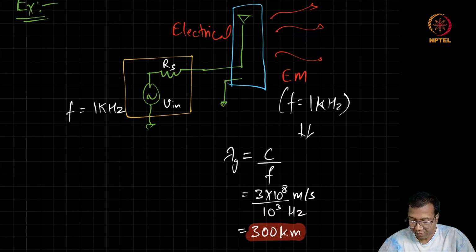So, looking at this simple example, we can easily see that if you're trying to design a simple wireless system, where a sensor converts a physical signal into the electrical domain, and the antenna converts electrical signals into electromagnetic waves, for most of the applications the frequency is coming out to be too low for the electromagnetic wave, which will give rise to a very, very high size for the antenna, and this is just not practical.